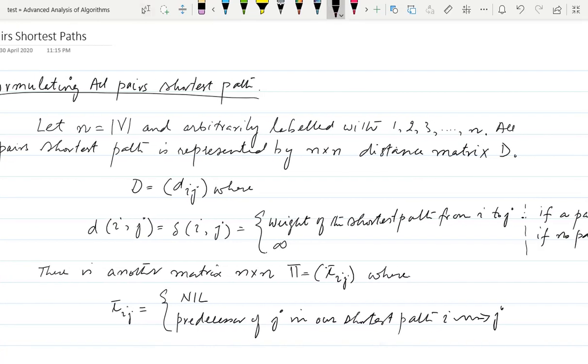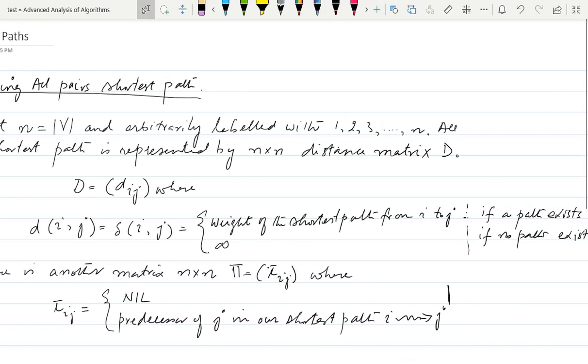The condition for nil is if i is equal to j, that means the starting and ending vertices are the same.